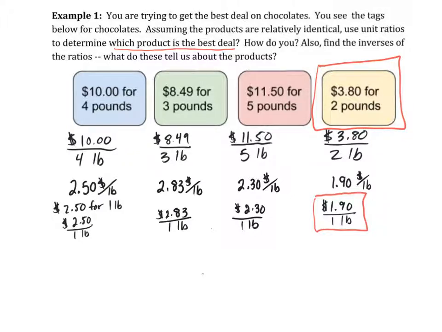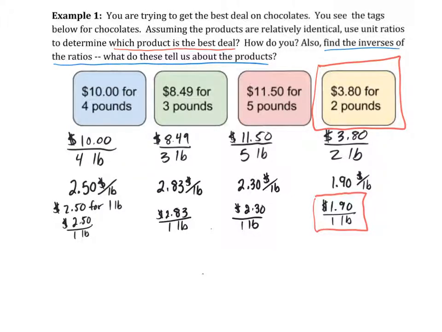The most expensive chocolate is the green tag, $2.83 per pound. The units are dollars per pound, so the best deal is $1.90 per 1 pound.